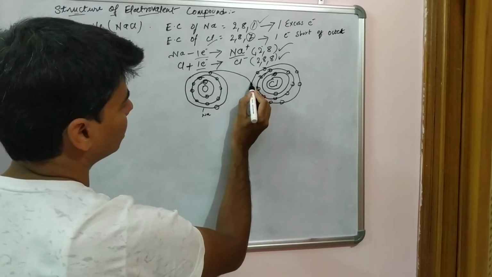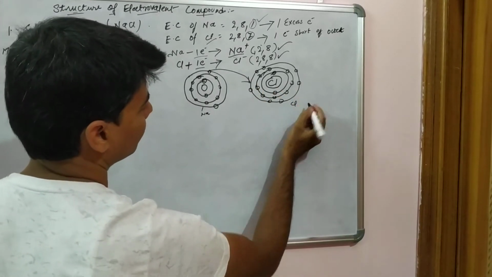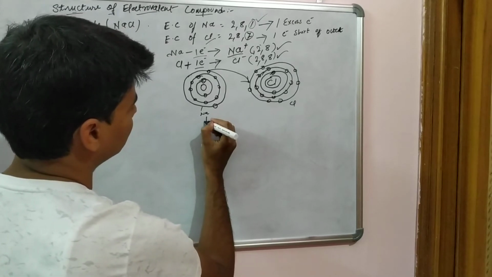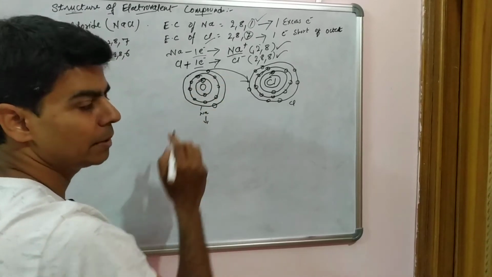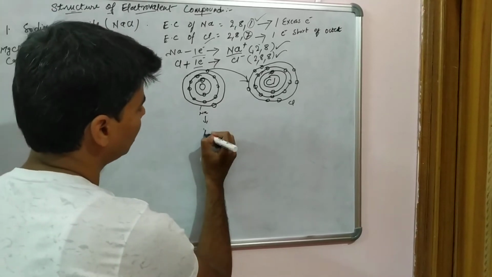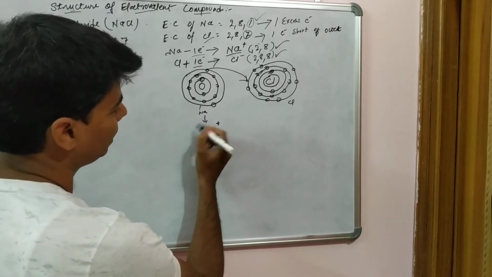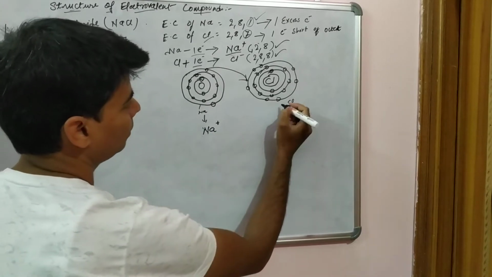It will transfer 1 electron to the chlorine atom, right? Since the sodium atom is losing an electron, it will acquire a +1 charge, becoming a sodium ion. It will become a cation.